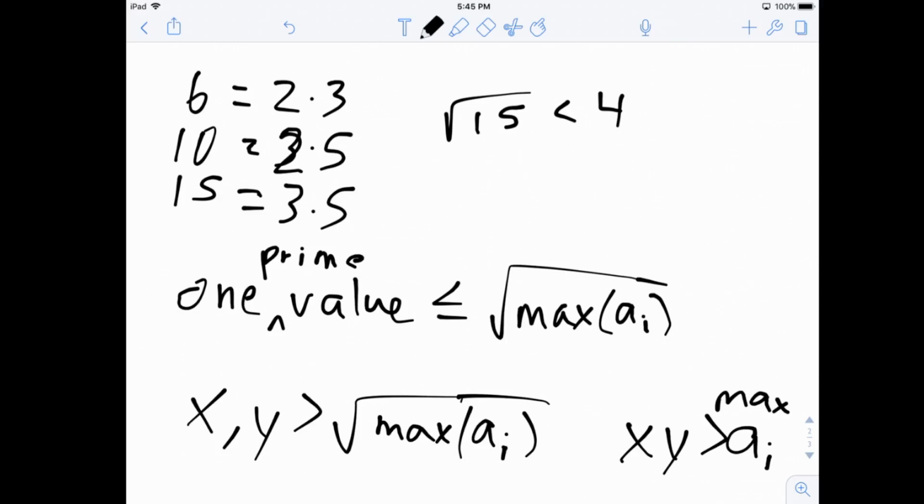Or some of the smaller AIs too, right? The values x and y, like all the nodes that you take with the prime values, their product has to be a perfect square, but each value x and y is for one edge. For every edge, the two nodes on the left and the right side are x and y.